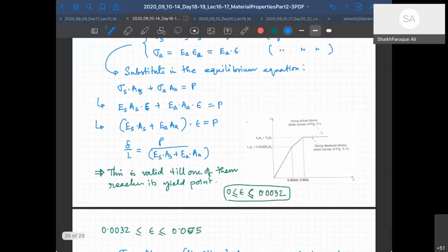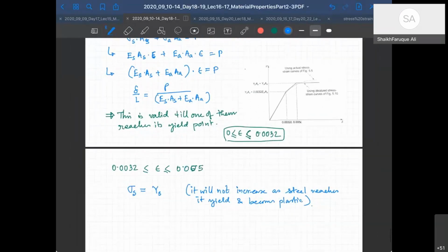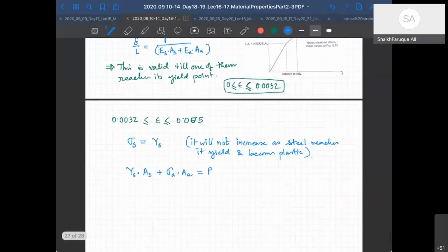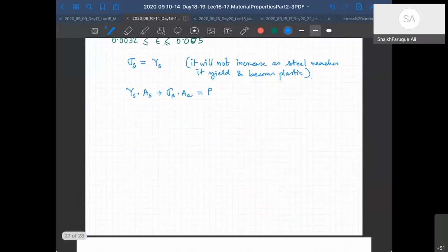It becomes sigma S as YS into AS plus sigma A, still continuing to be in elastic zone, equal to P. Is that correct now?